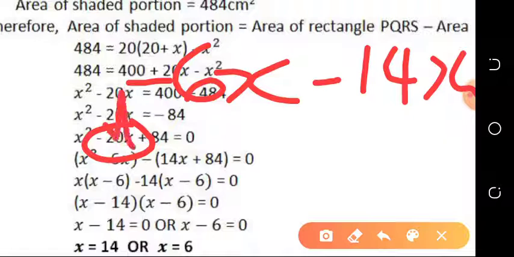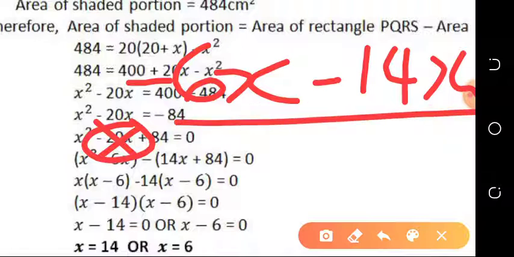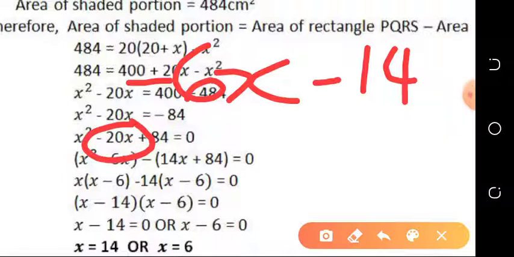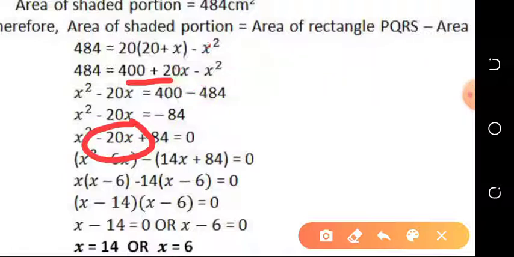So you remove this minus 20x and fix these two numbers that you have found. So you have here x squared minus 6x minus 14x plus 84 equal to 0.